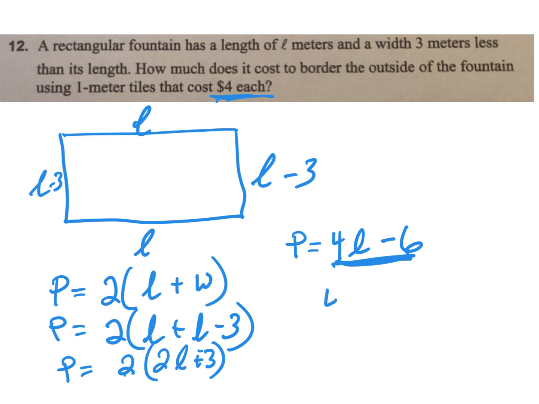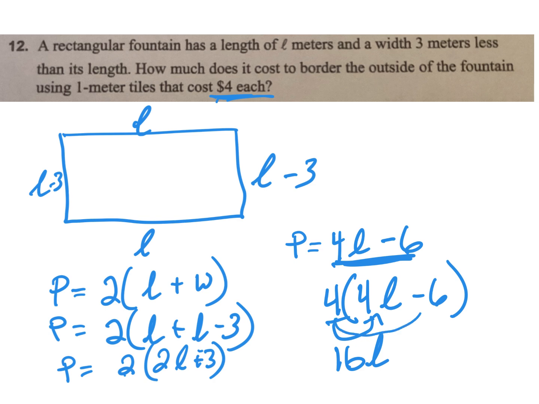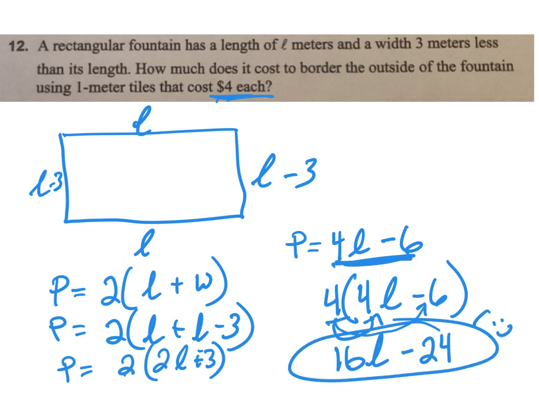So we're going to take 4 times the perimeter. When I do that, I do 4 times 4L, that gets me 16L, and then 4 times minus 6 is a minus 24. So that's the answer I'm looking for.